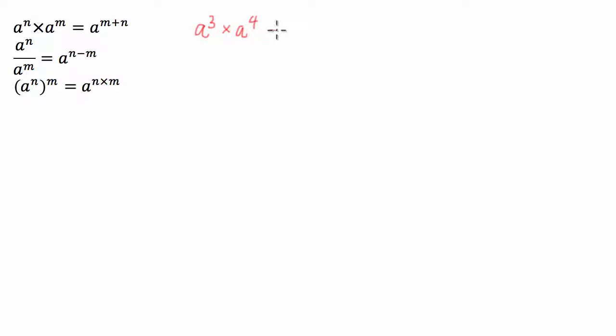Now, what this effectively equals is a to the power of 3, which is just a times a times a, multiplied by a to the power of 4, which is times a times a times a times a.